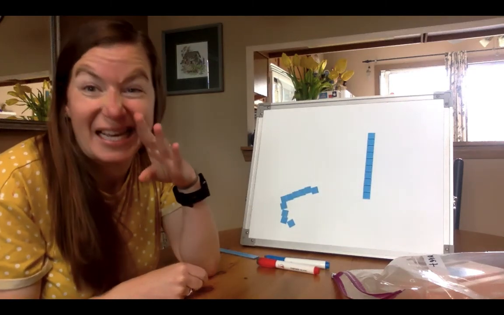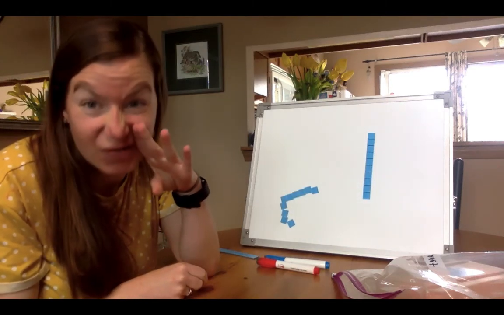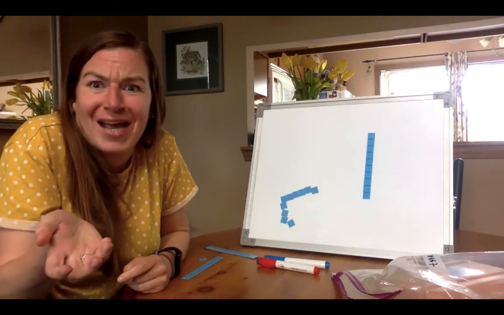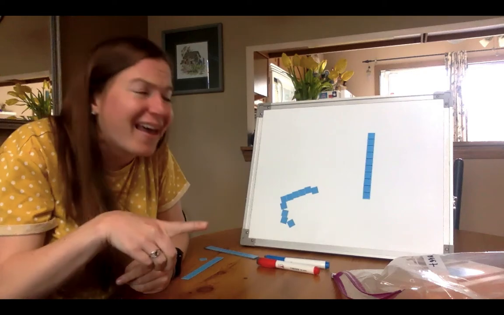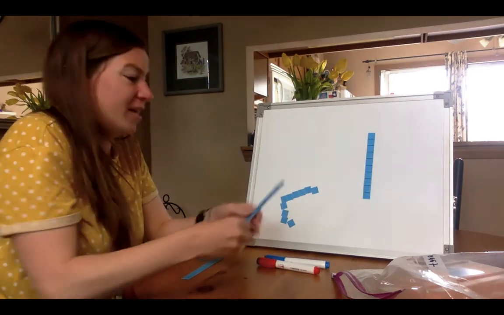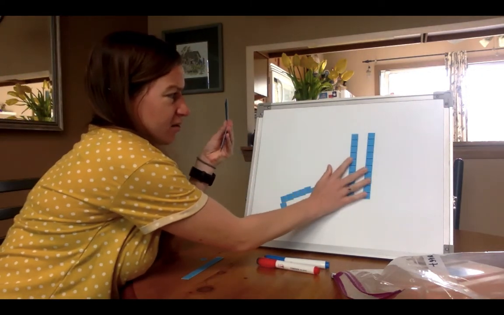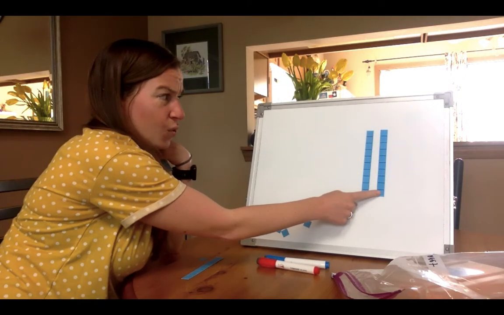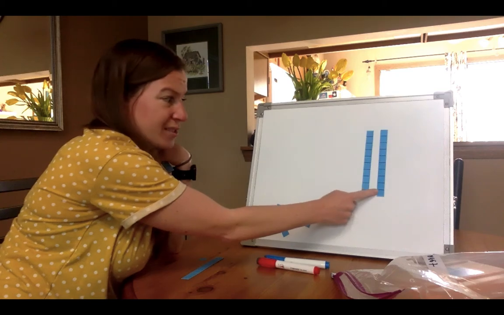This is going to be on IXL this week if you haven't already done it. So I see this, I automatically know it's 10, so I don't even have to count it. How cool is that? Then, if I have multiples like this, I could count 1 10, 2 10s, or 10, 20.